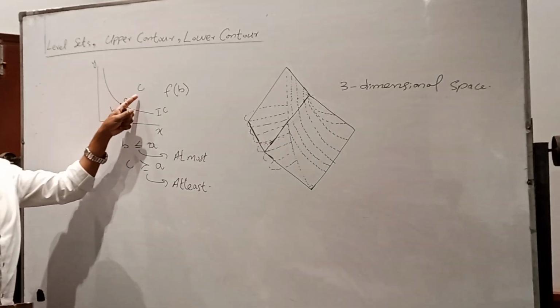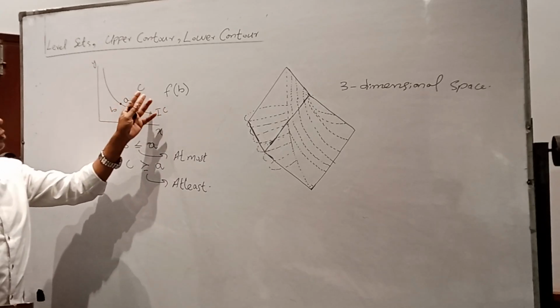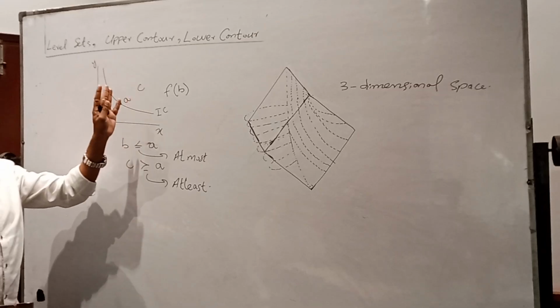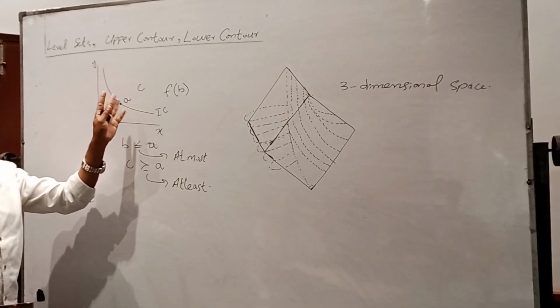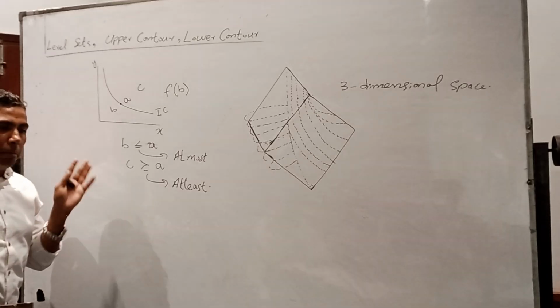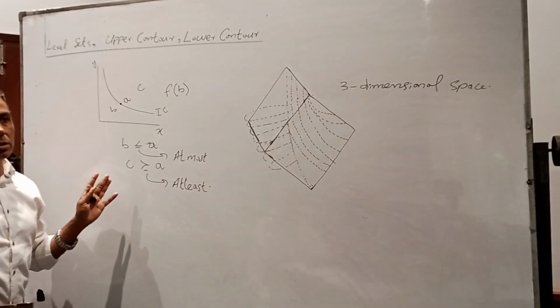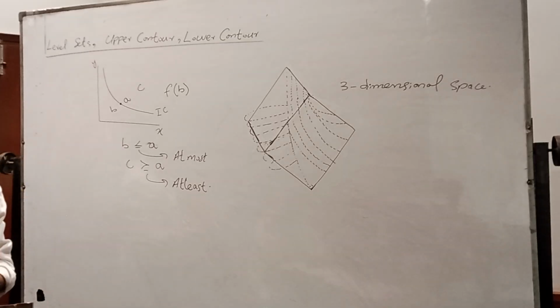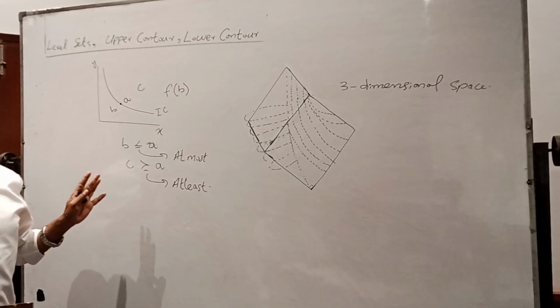And similarly, I can say that the functional value of C is at least equal to the functional value of A. When we compare these values, we need to define some level of set. That level of set is called level set.